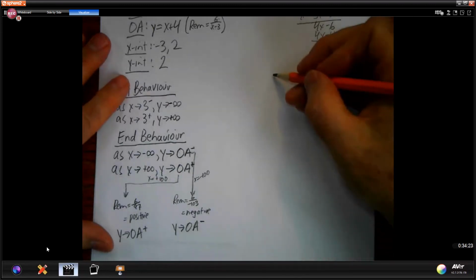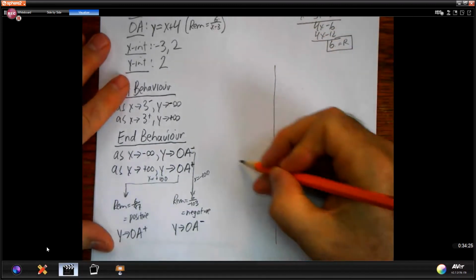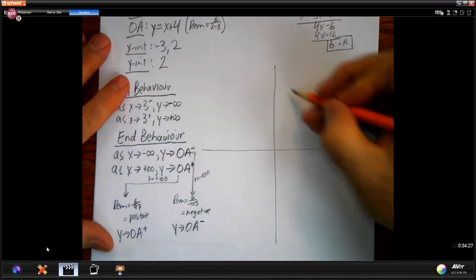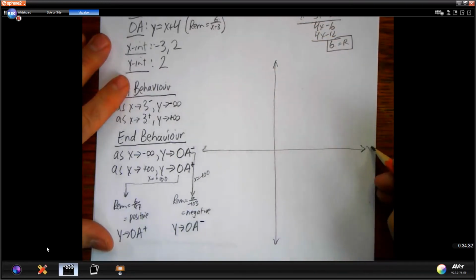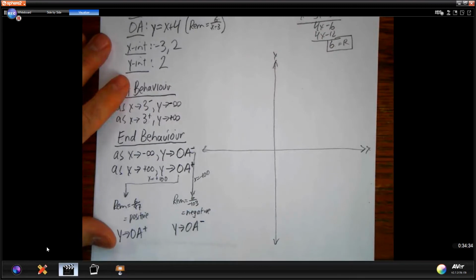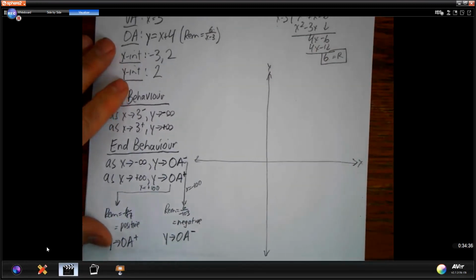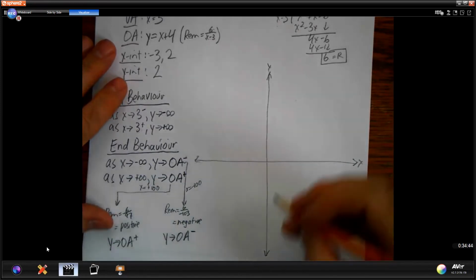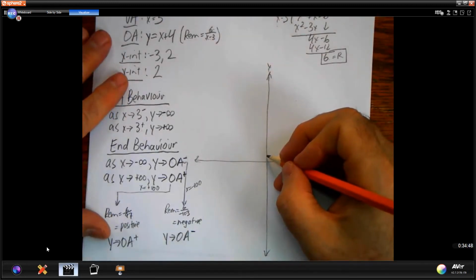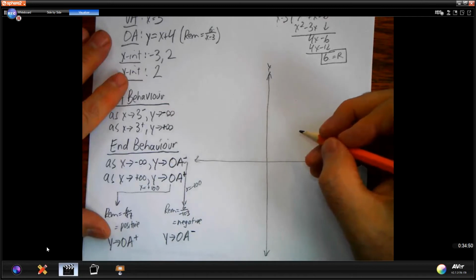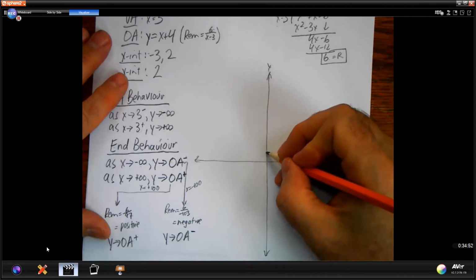So let's do our sketch here. Okay, so we've got to be a little bit careful with the scale. So I'm going to make it a little tighter than I did before. I think I'm going to go up by 2s.